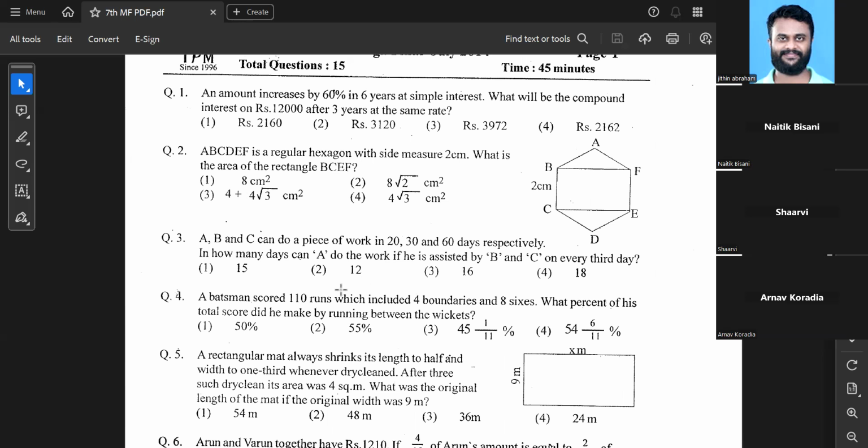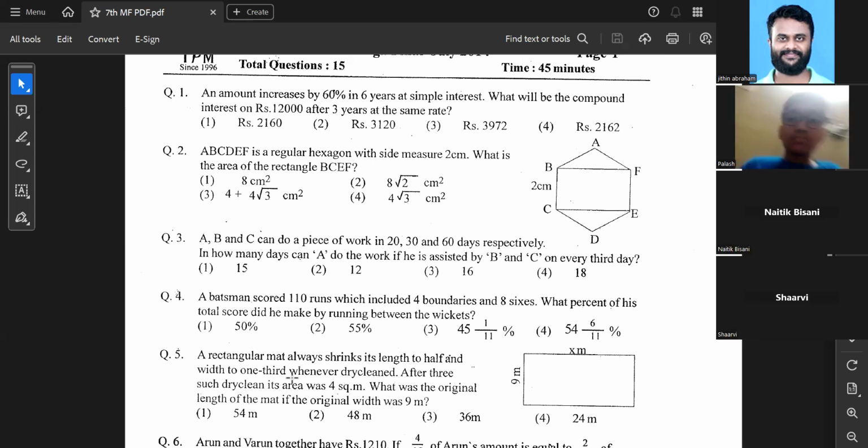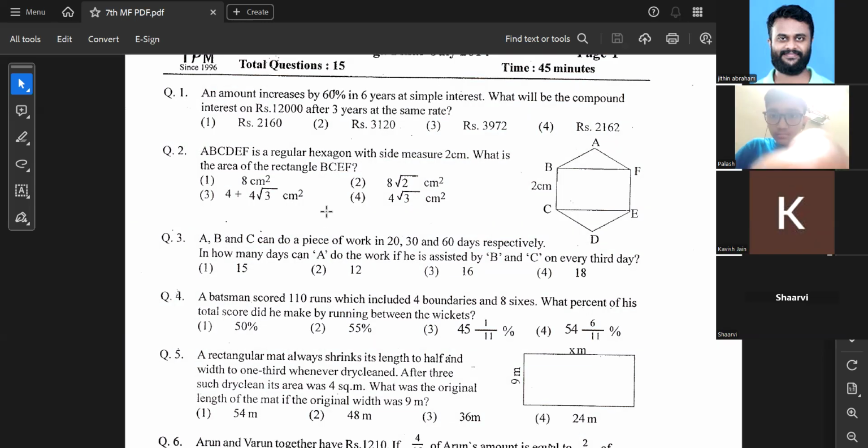So, dear children. Sir, when will be the doubt session? Let's do a few more papers and then we'll do the doubt session.